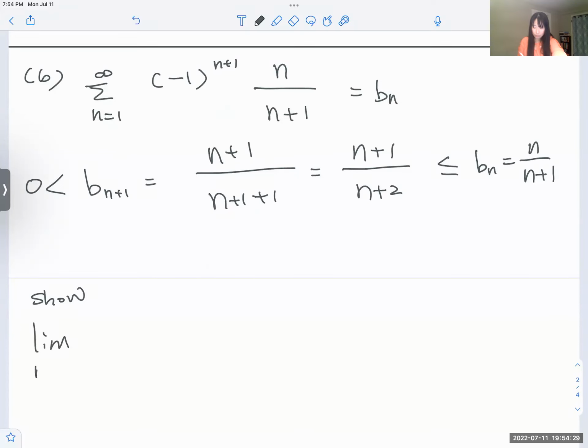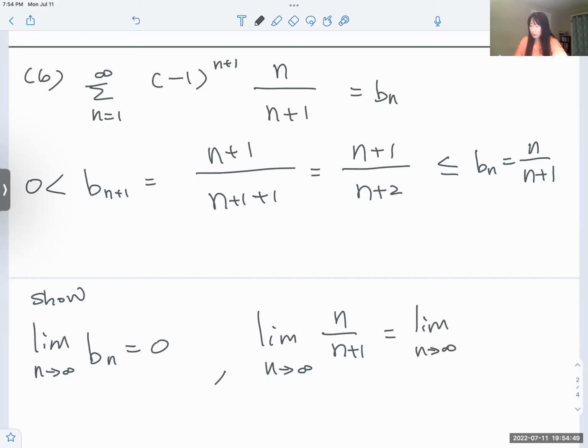Now the limit of b sub n, which is n over n plus 1. Now we have the limit as n approaches positive infinity of n over n, which is, what do you get? Just 1. It's not equal to 0, right?